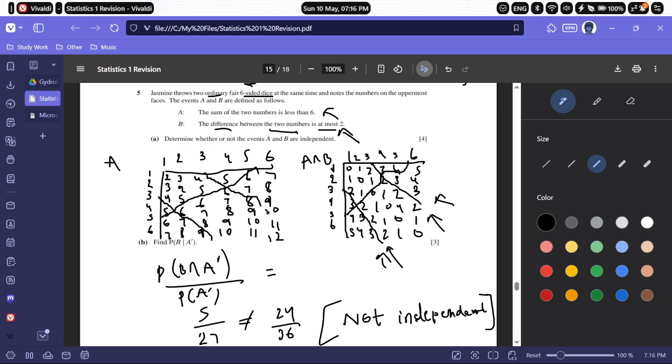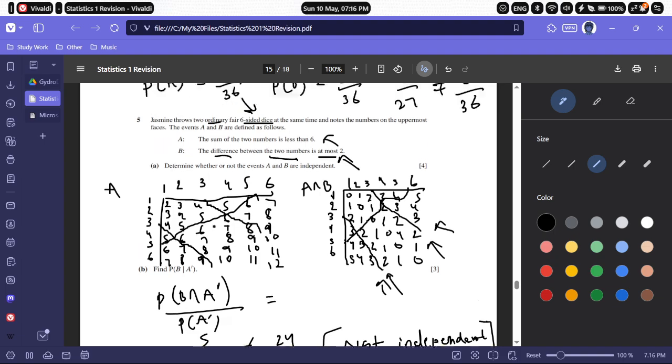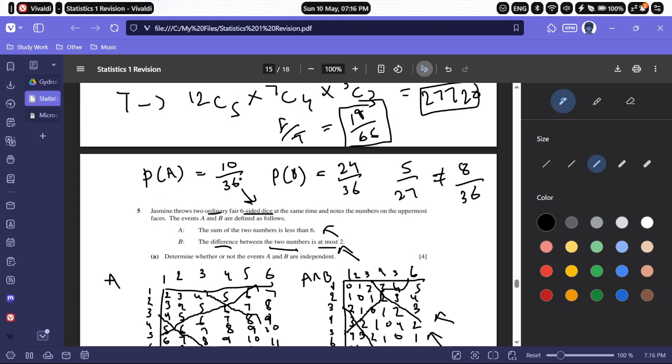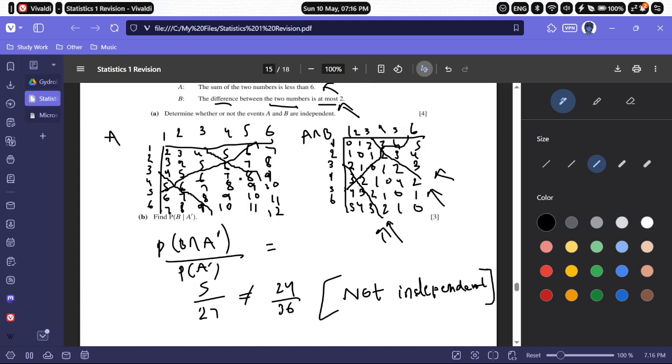That would just be the complement, that would just be 26 over 36. You don't have to do that much work for A complement.